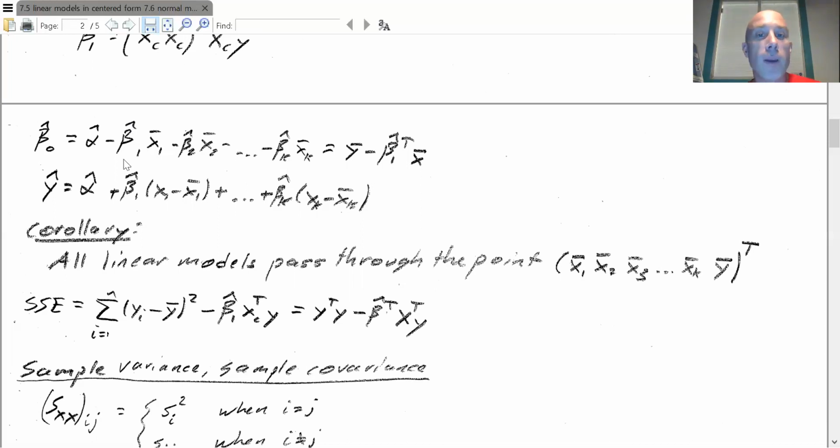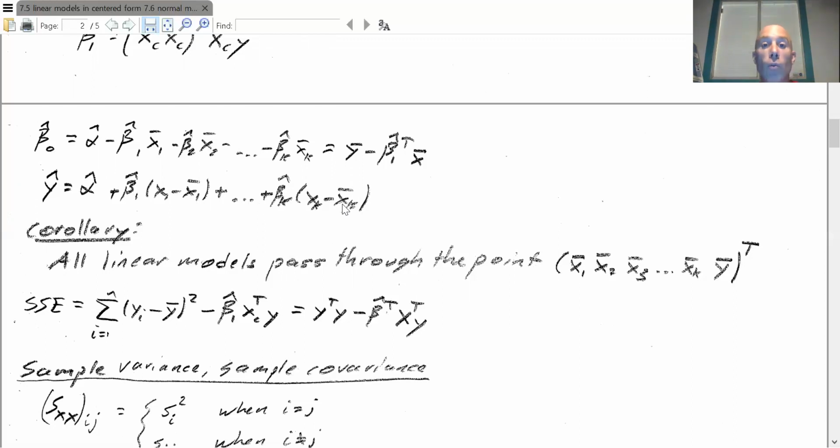So if I get all the centered form business going, I can use this matrix formula to figure out what would be the y-intercept for us, which is nice. And so ultimately, the model that we're going to be working with as statisticians is y equals estimated alpha, plus estimated beta 1 slope times x minus x bar, keep going down the line, estimated slope of beta sub k times x sub k minus x bar sub k.